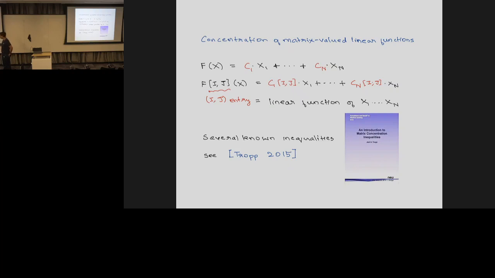Okay? And there are many different settings, and a lot of very nice inequalities are known. And again, this is a great book to refer to for information on matrix concentration inequalities. Again, a very nicely readable book, for the material and also the writing style. I highly recommend it. Okay. Any questions about the setup?